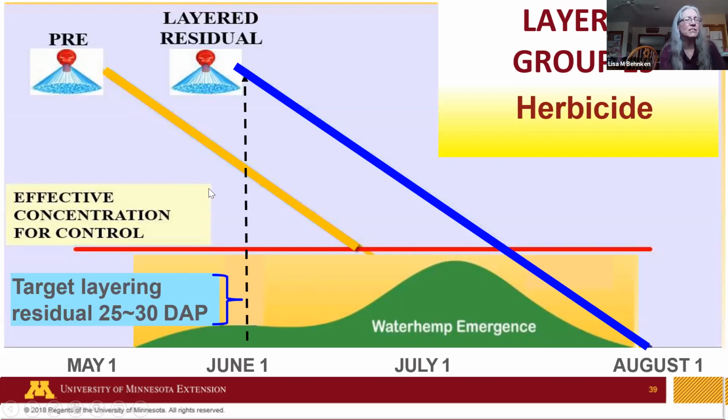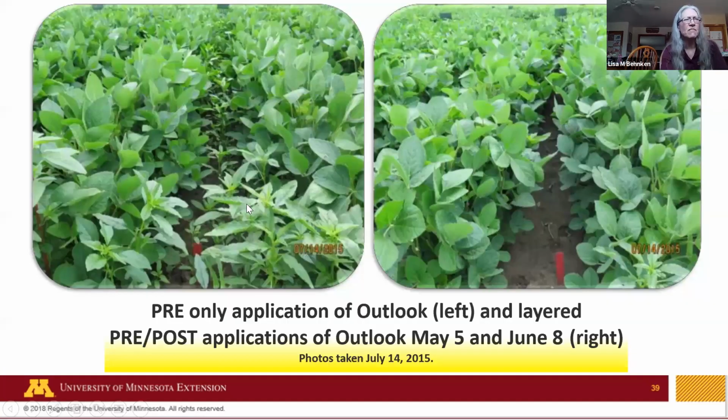Here's from 2015, some trials we did for several years in Rochester. This shows you an example of a group 15 called Outlook, put on just with pre, not layering, compared to a layering where we get much better control for that entire season. And this is what we'd like to see. So the value of layering those group 15s.